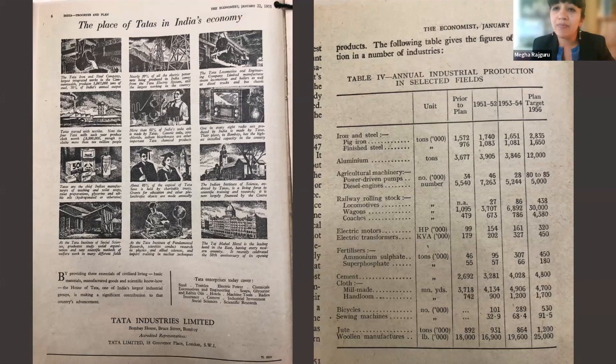And for Britain and for India in this period, what we see is a real attempt at creating some kind of a trust, particularly from Britain, because so many British companies had withdrawn from India following independence.